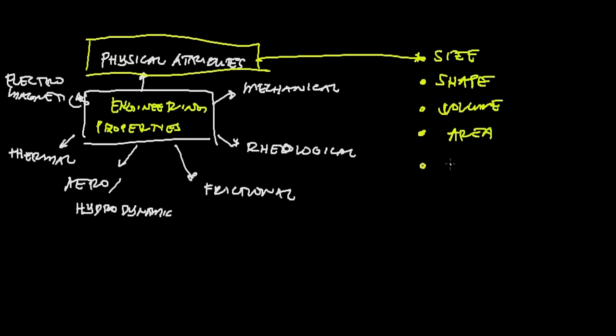What else? Density, porosity, etc. So we call it the physical attributes of our AB materials.